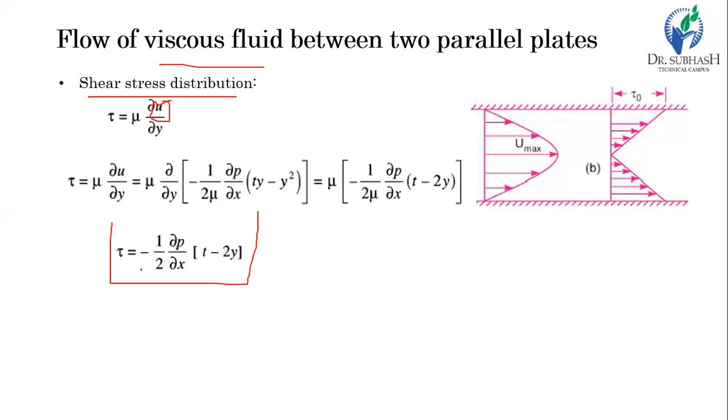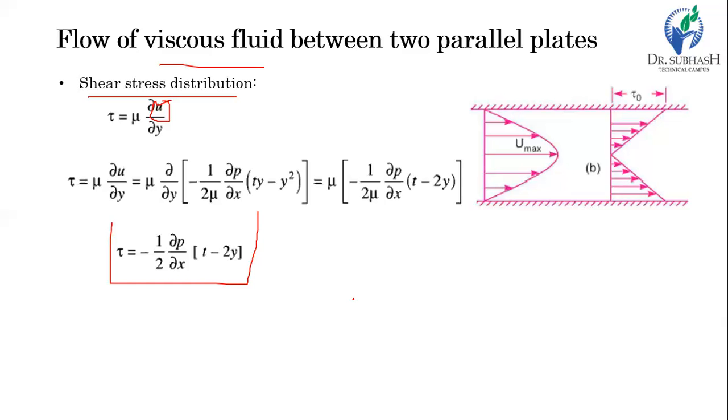In this case tau will be 0, and when y increases beyond t by 2, the value of tau increases again. Thus shear stress distribution between two parallel plates when the viscous fluid is flowing is a linear relation.